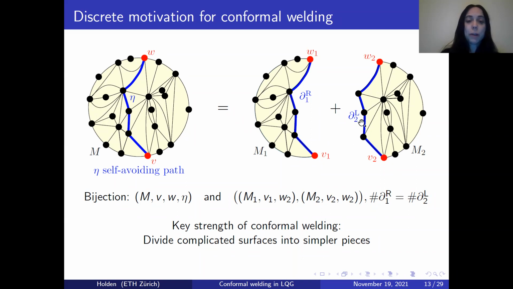So this is illustrating one key strength of conformal welding because it often allows us to divide very complicated surfaces into simpler pieces and then study the complicated surface by studying these simpler pieces. And we will see several examples of this a little bit later in the talk.